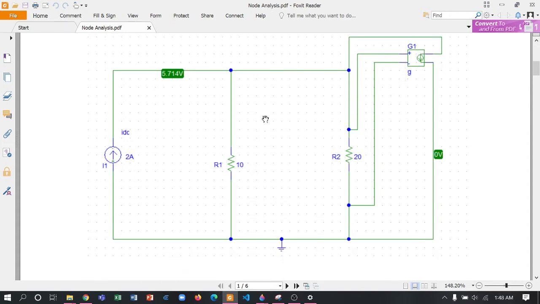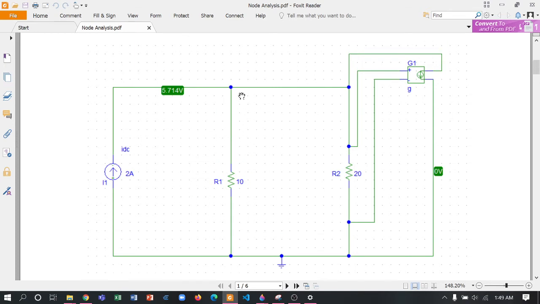So we have to determine the voltage across R1. I have this simulator software named PSpice, and here I have the value. It is 5.714 volt. So next we have to solve this problem with node analysis.